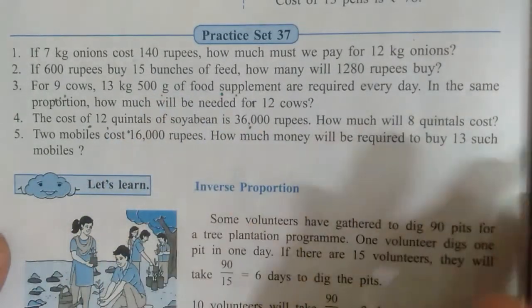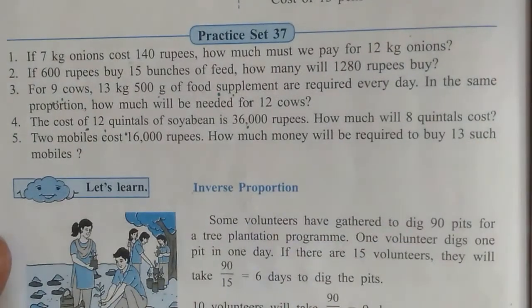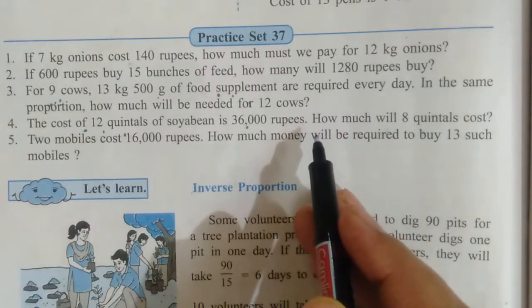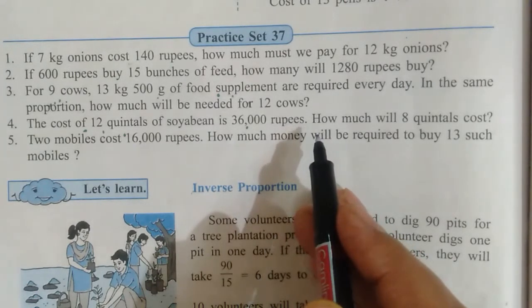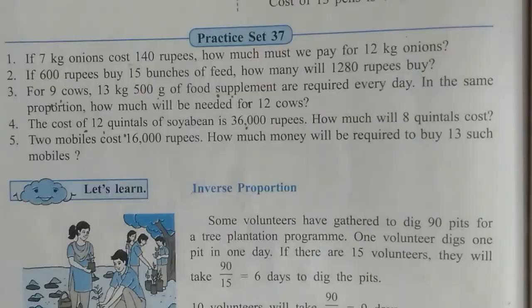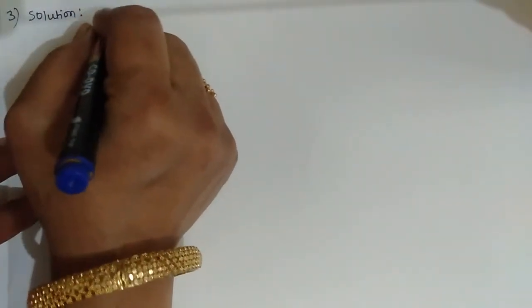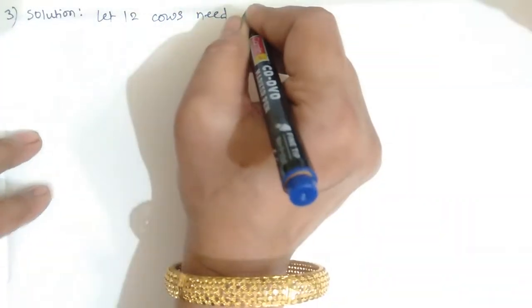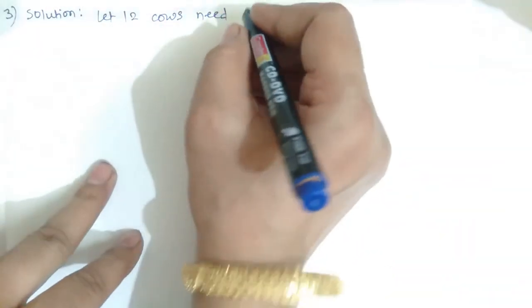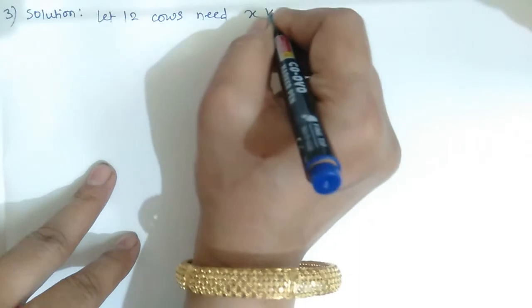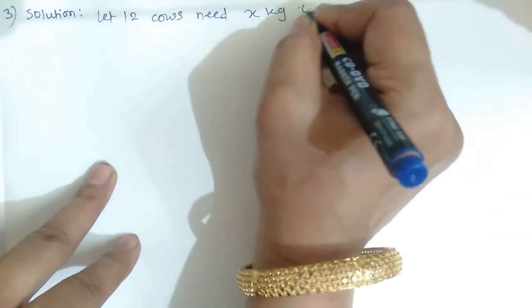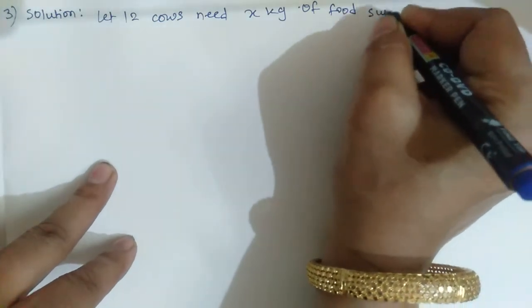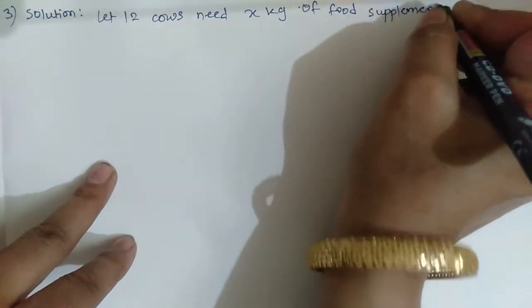So firstly we assume 12 cows need X kilo of food supplement. Let 12 cows need X kg of food supplement.